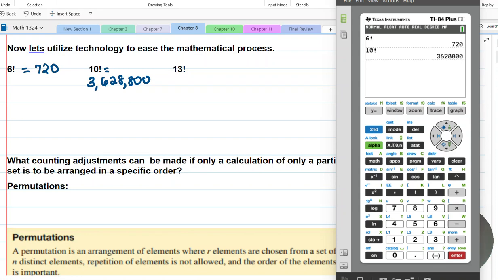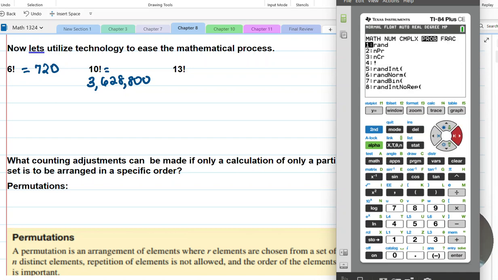Well, you can see that a calculator can only place 10 digits in the screen. How many do I have? 1, 2, 3, 4, 5, 6, 7. Ooh, okay. Well, can we do 13? Let's see what happens there. 13, math, PROB, and I'm going to do the factorial and enter.